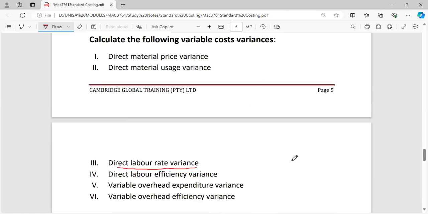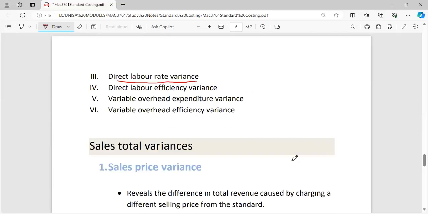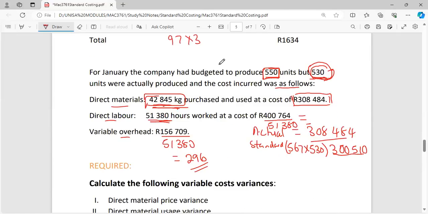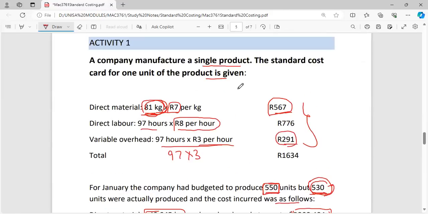So which means we are going to have 296 here against 291.